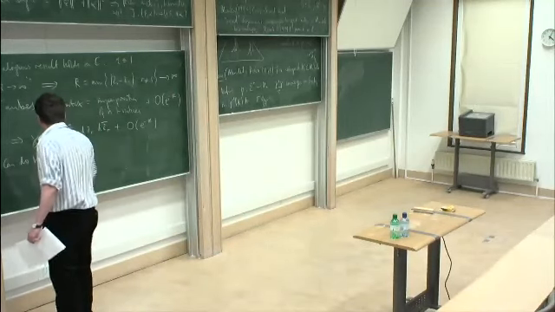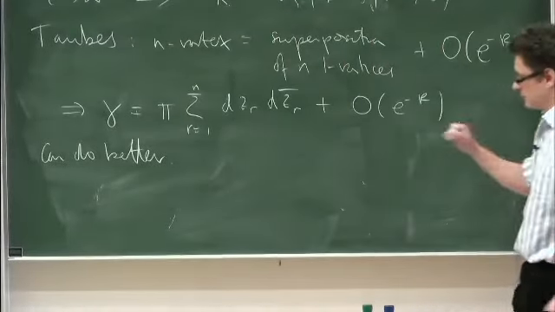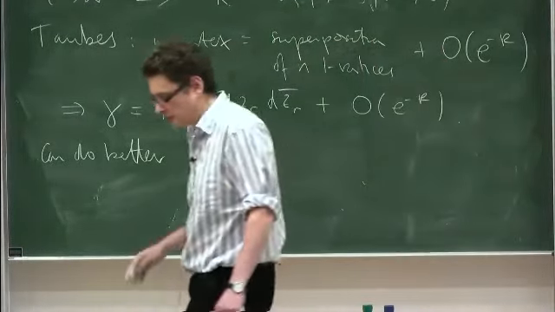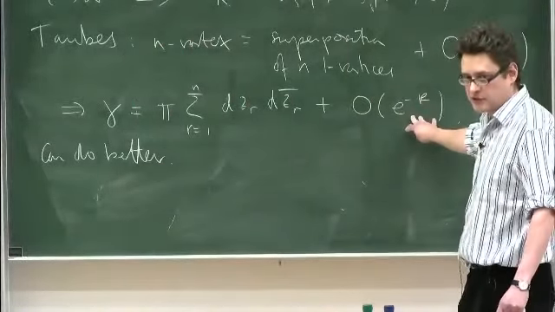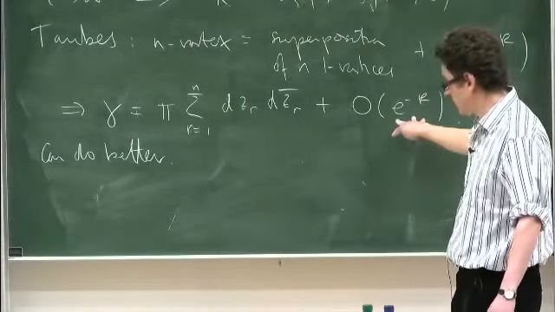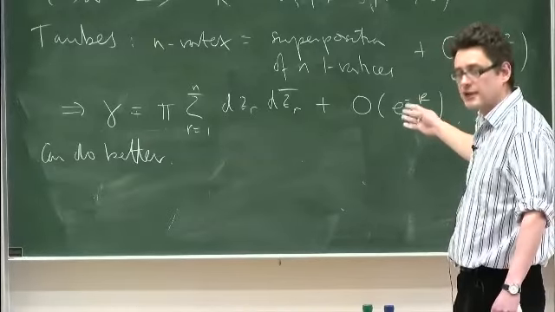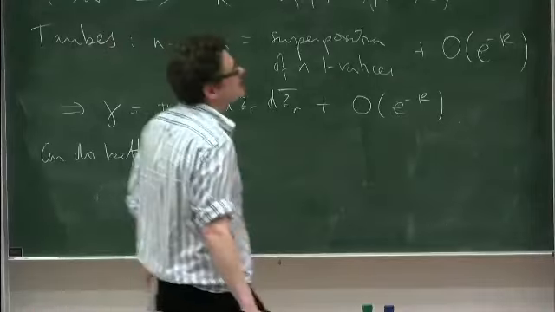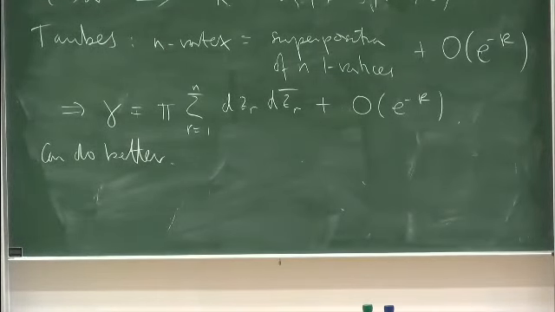It follows pretty much directly from Taubes' analysis of static n vortices that this must be true, but we can actually, at least conjecturally, write down a formula for the order e to the minus r bit of this correction. So we can write this as an explicit formula of order e to the minus r plus an order e to the minus 2r correction. Okay, so the way we do this is to think physically.